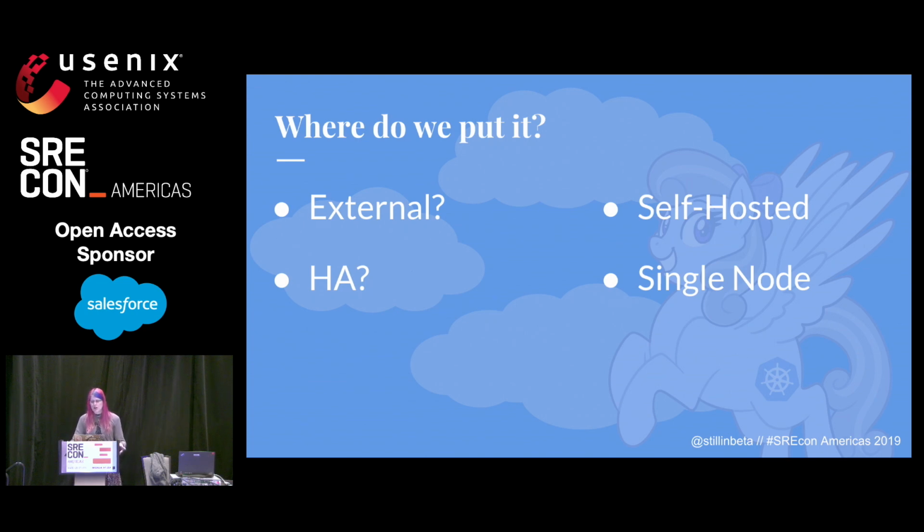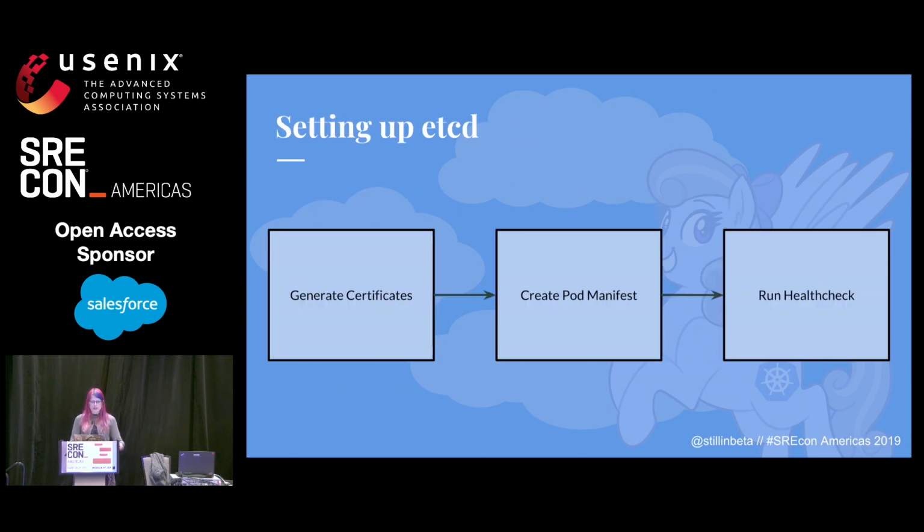But we don't care about that, so we are going to use what's called self-hosted etcd, which means we are going to run etcd inside a pod, inside our kubelet, and then we're just going to allow our API server to connect to it. We're also, as I mentioned before, only going to use one single node, because it's a real pain to get replication working properly, and we don't need it right now. It's not going to show us anything.